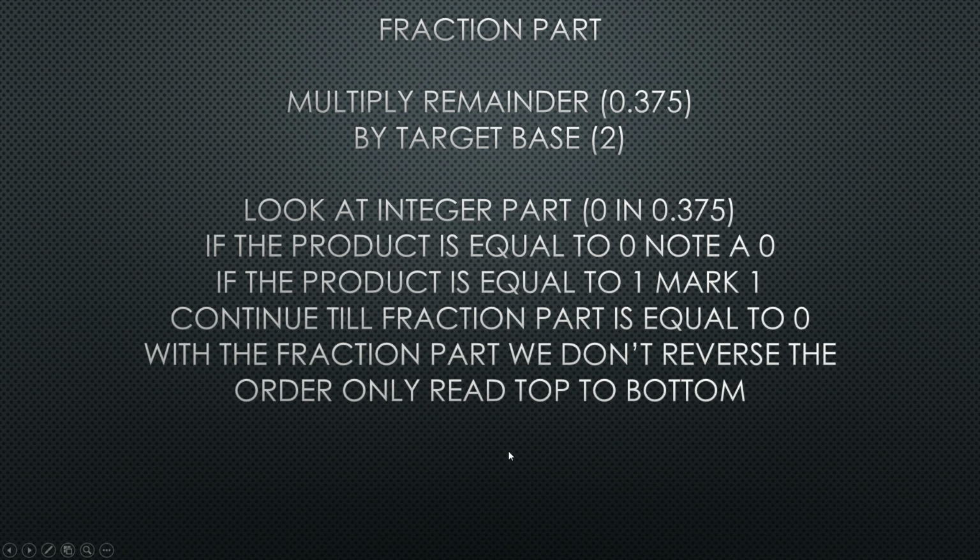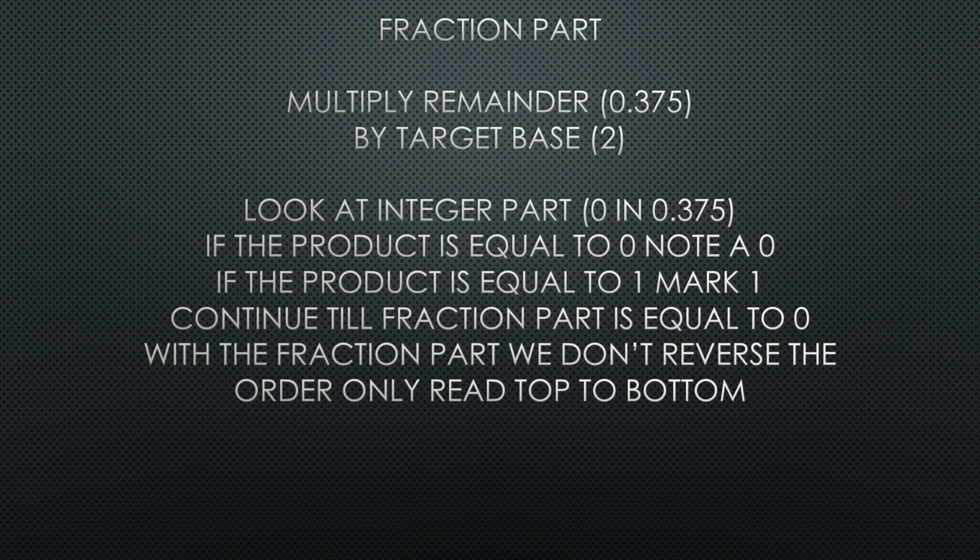Now for the fraction part, it's backwards. Instead of dividing, we're going to multiply the remainder, and only the remainder, by the target base of 2. We're going to look at the integer part as well. If the product's integer part is 0, then we note a 0.